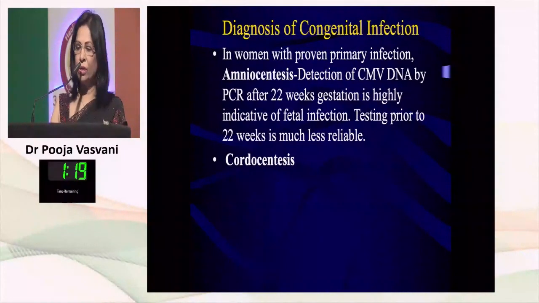So how do we diagnose congenital CMV infection? There are two ways of diagnosing congenital neonatal infection: either by amniocentesis, where we look for CMV DNA after 22 weeks of gestation, or the second option, cordocentesis. But cordocentesis in early pregnancy is not a feasible option as a diagnostic modality.